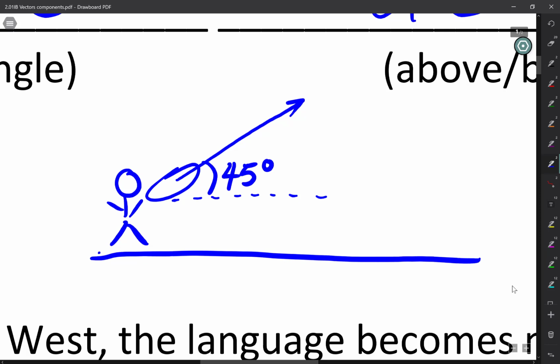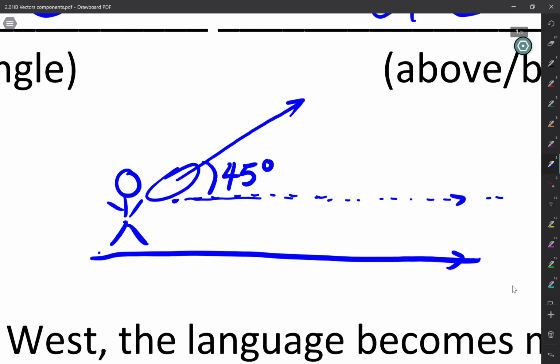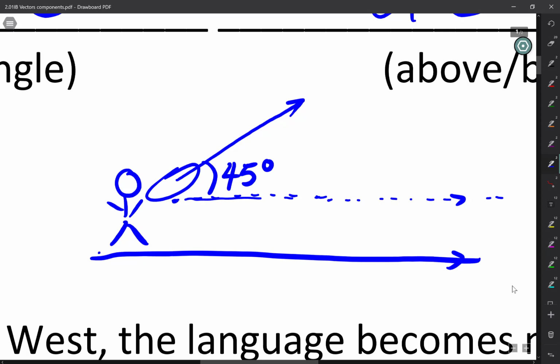And when we say above from the horizontal, it means imagine there is a horizontal line that's parallel with the ground. And 45 degrees above it is, imagine you take an arrow and rotate it at this pivot up from the horizontal like this. So that is the vector rotating upwards from that horizontal.